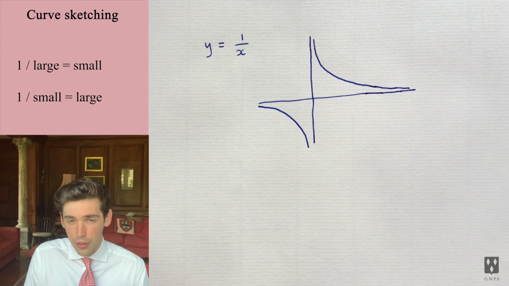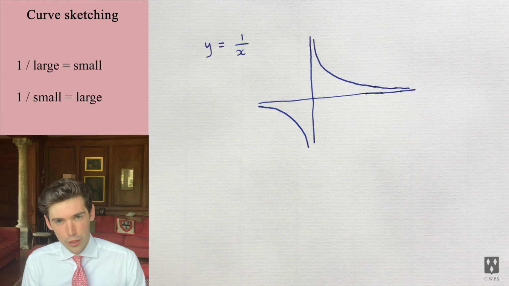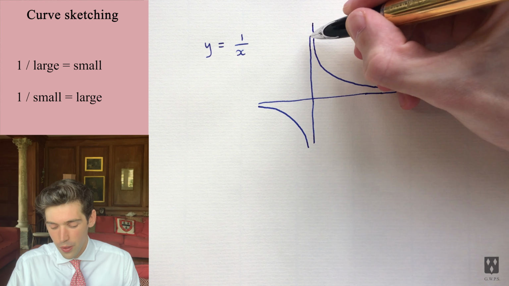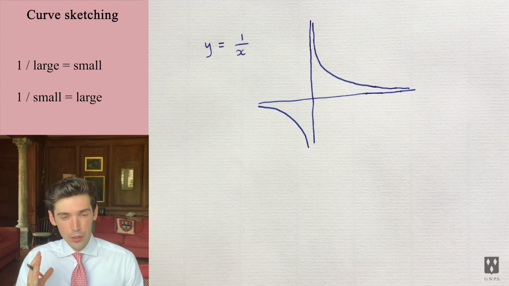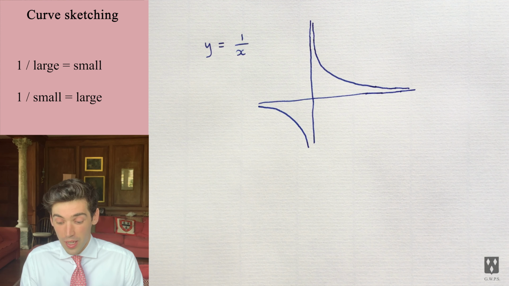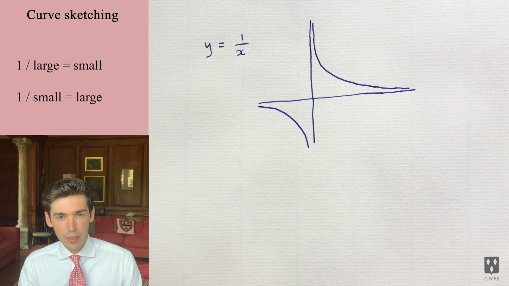So we get very, very close. In fact, we get asymptotically close, but we never reach it. And that is what an asymptote does. Now, normally with asymptotes, we draw dotted lines to mark on where it is. But in this case, because it's the axis, both the axes, in fact, we can just leave it as it is because it's already there.